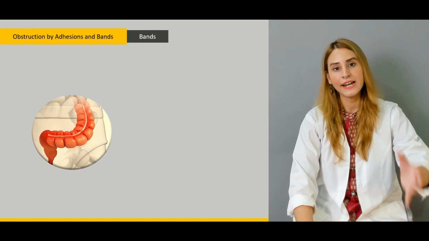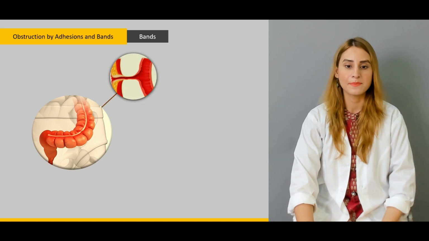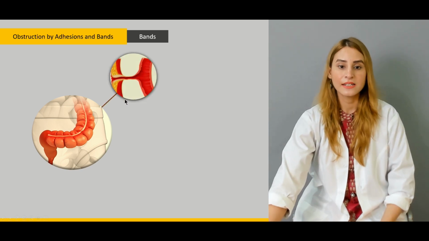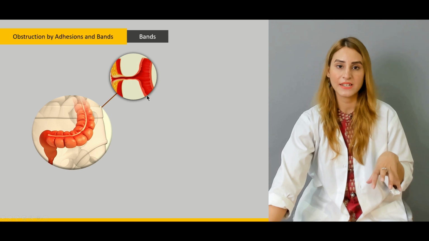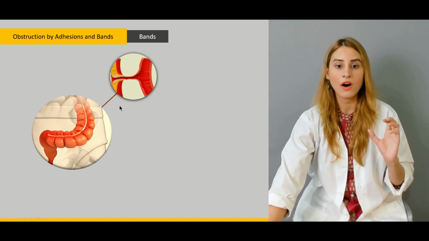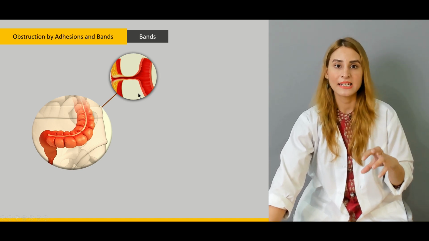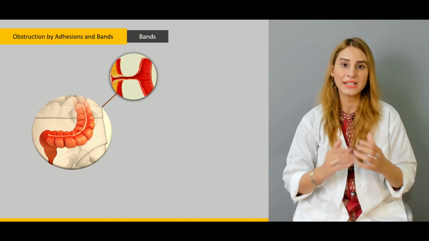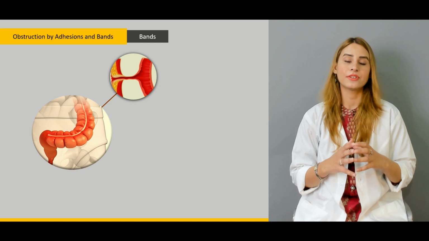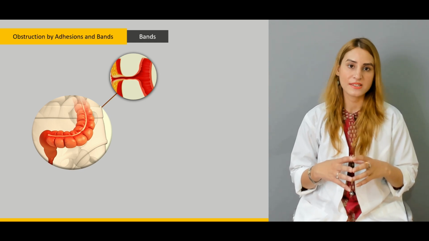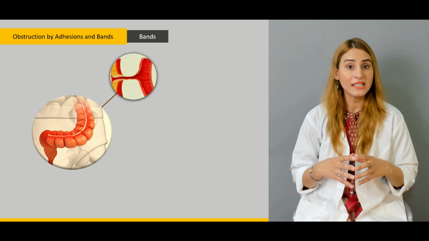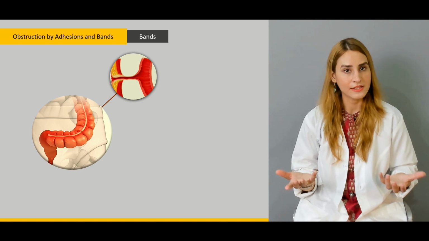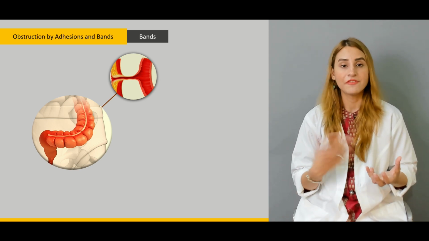There's another entity which is particularly called bands. You can see here, this is one segment of the intestine. This is the abdominal wall, and there is a fibrosing band, because whenever there is an acute inflammatory process and a process of healing, we know that healing involves the formation of fibrous tissue.